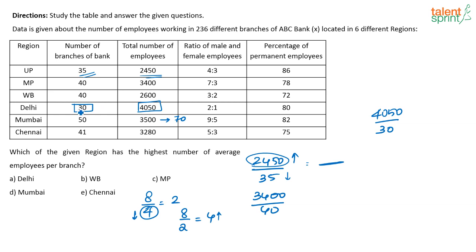When I do 4050 by 30, see 30 into 100 is 3000. The answer is going to be greater than 100 for sure. And none of the other values will be greater than 100. So just by looking at the values given here, you can say that Delhi will definitely have the highest average number of employees per branch.